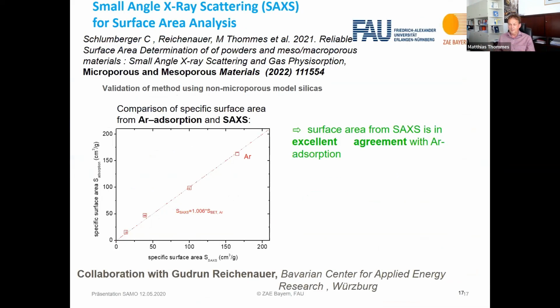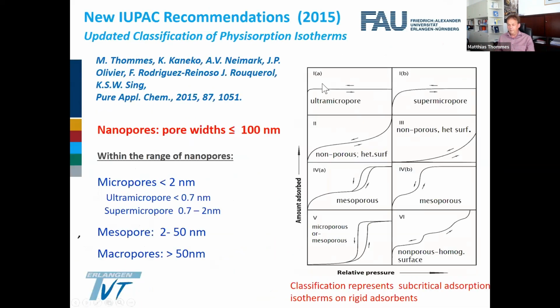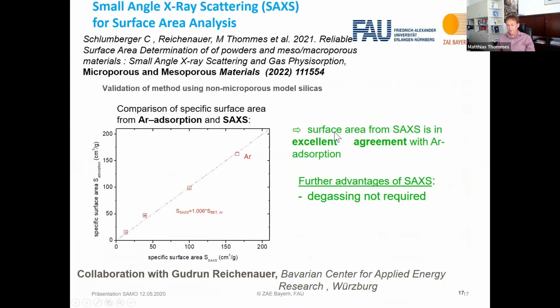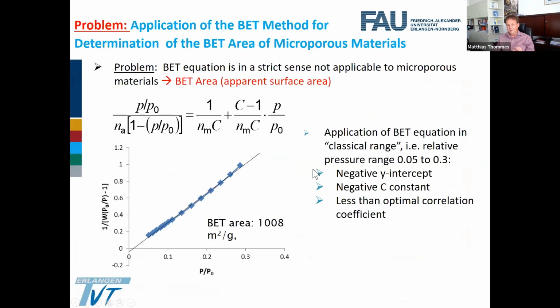Essentially, what's happening in a micropore is micropore filling, and you have completely filled the pores already when you reach a relative pressure where, based on the BET theory, you would expect to have enough molecules adsorbed to form a statistical multilayer. So here you have an essentially completely full pore. And therefore, strictly speaking, you cannot apply the BET theory to data obtained on materials with microporosity.